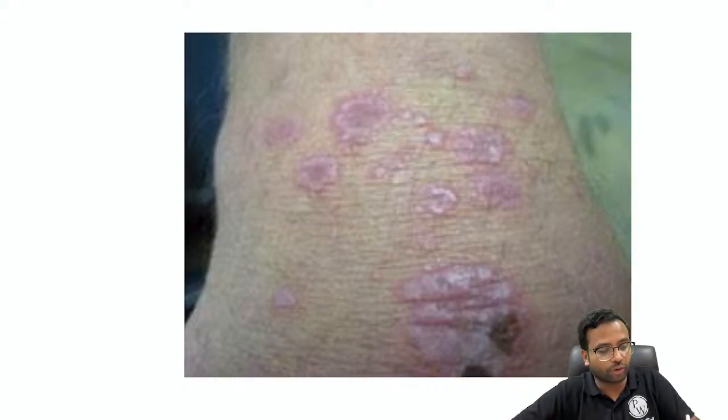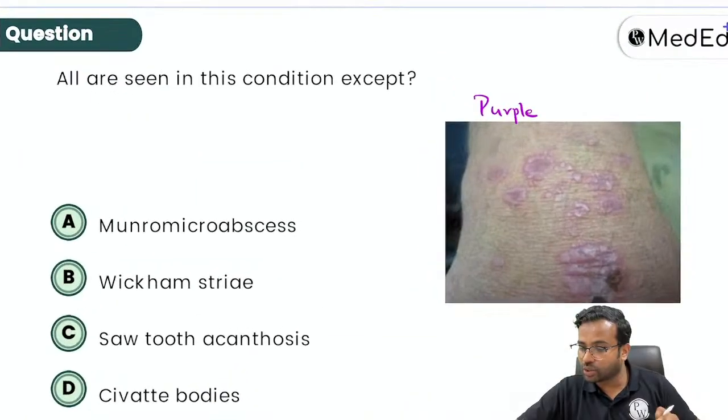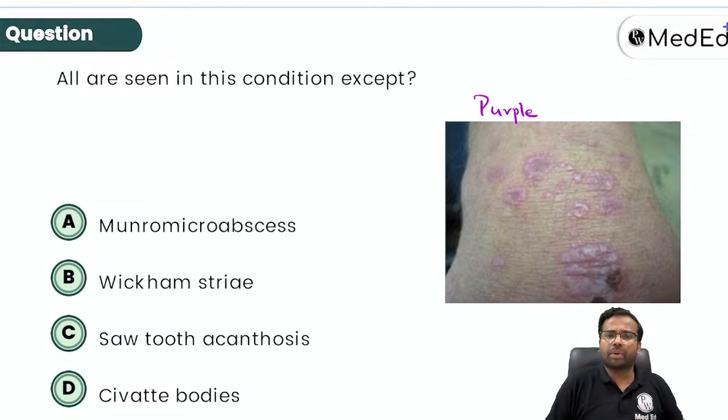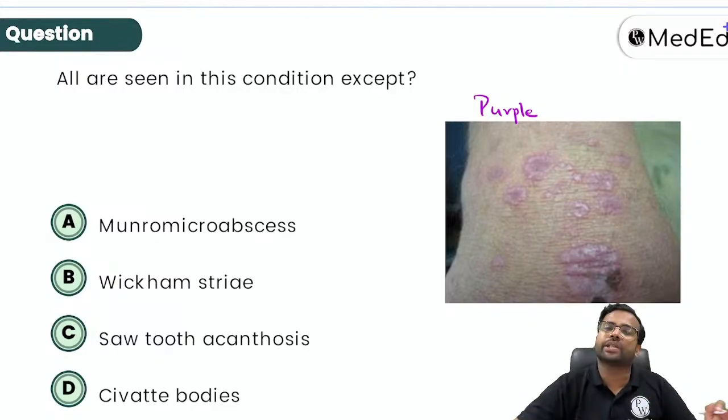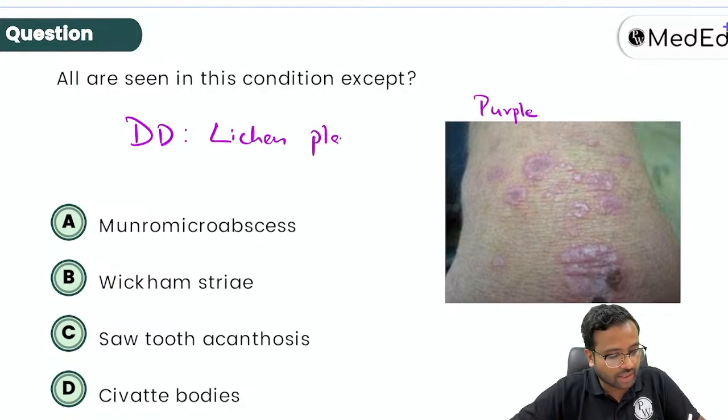The color for me is purple or violaceous, right? So yes, Shalu Raghav is also adding it, right? So here, since it is a purple colored plaque lesion or papules that I can see, the differential diagnosis that should come to my mind should be lichen planus.